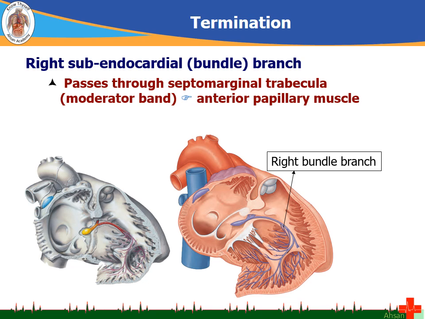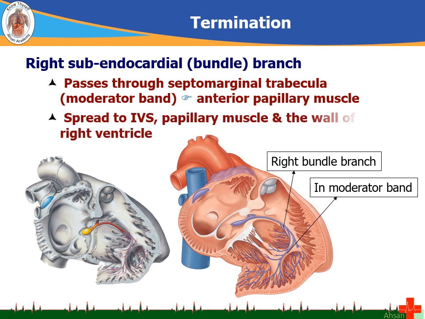Through the moderator band, it enters the base of the papillary muscle, where it divides at every stage. It gives branches to the interventricular septum, then the papillary muscle, and then the wall of the ventricle.